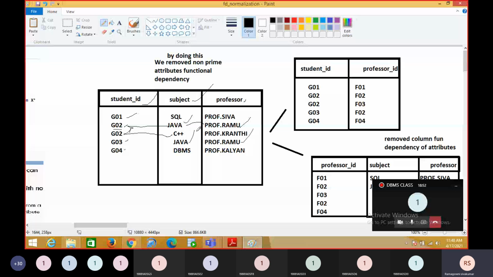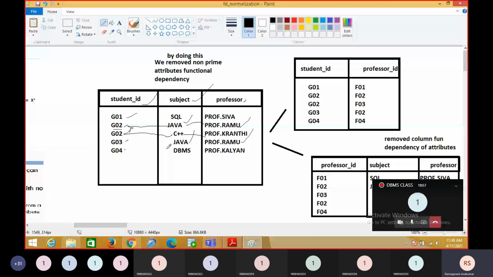That means one student enrolls for multiple subjects, there can be multiple professors teaching one subject, and for each subject a professor is assigned to the student.